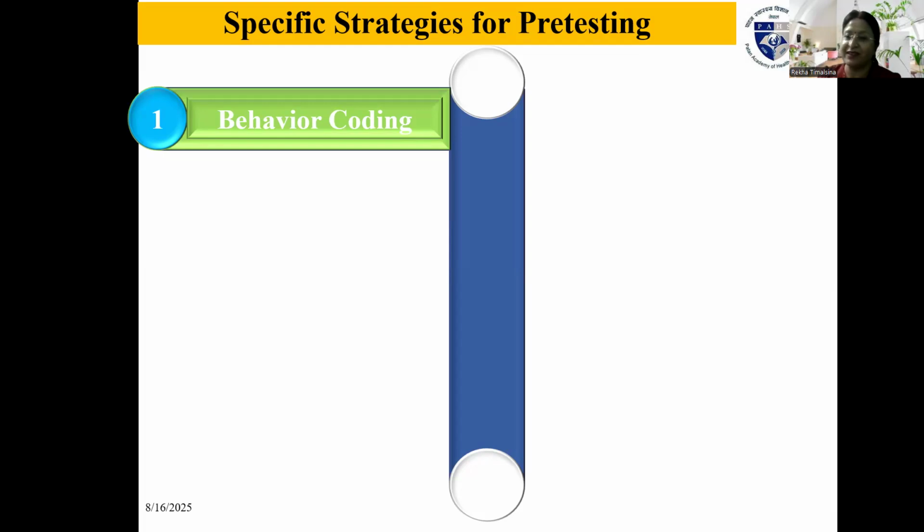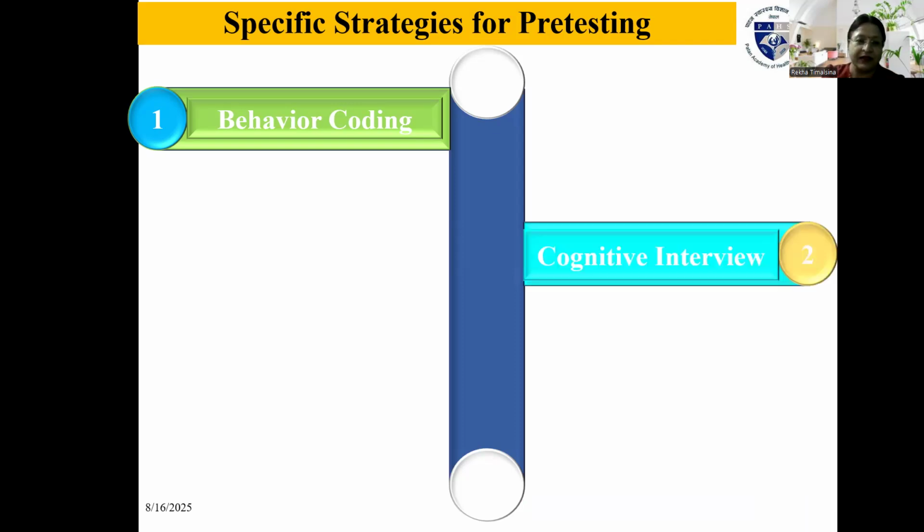Specific behaviors such as hesitation, confusion, skipped items, and corrections, for example erased or crossed out answers, are carefully noted as they may indicate problems with question wording or survey structure.